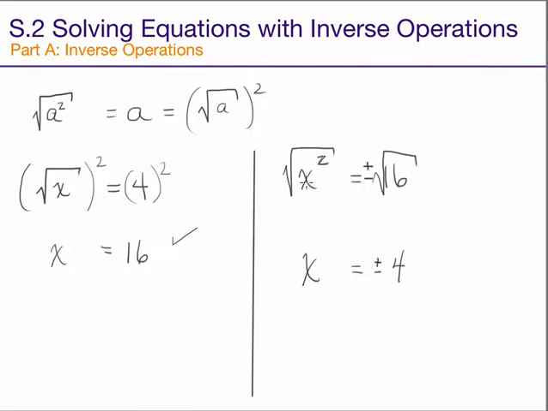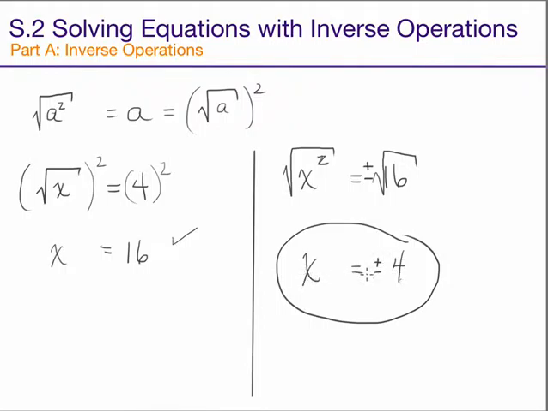In other words, x could either be positive 4 or negative 4. If I square positive 4, I'll get 16. If I square negative 4, I'll still get 16. This equation has two solutions. I would read this, x equals plus or minus 4.